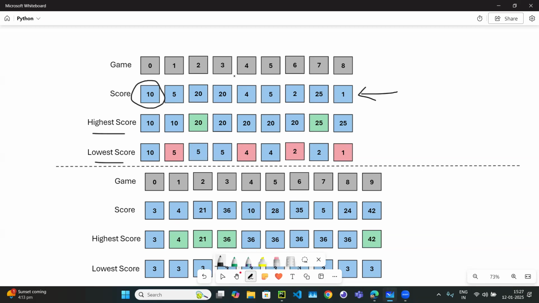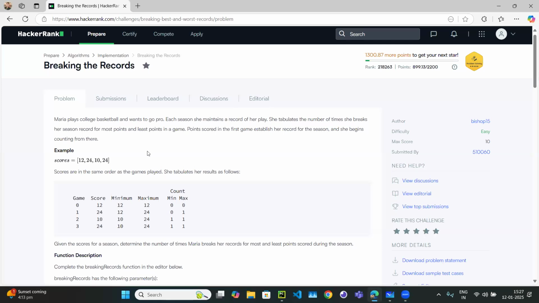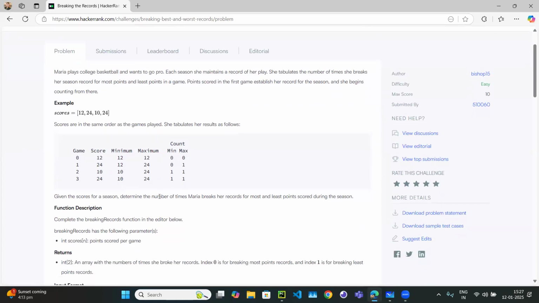Now whenever she scores points in the next game, she is going to compare with the previous games. And we have to figure out the number of times Maria breaks her records for most and least points.